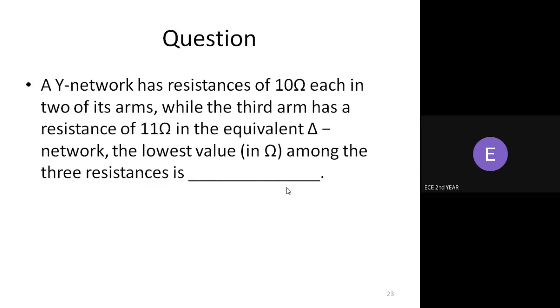So here, a Y network or a star network is given with the resistance of two 10 ohms, and the third resistance is 11 ohms. So we need to calculate the lowest resistance value of delta.